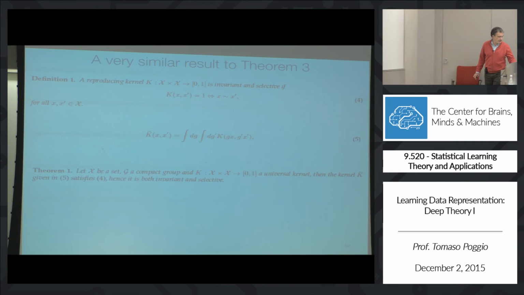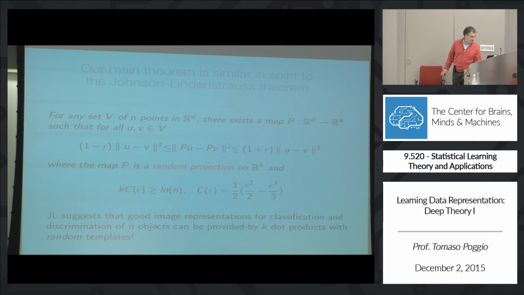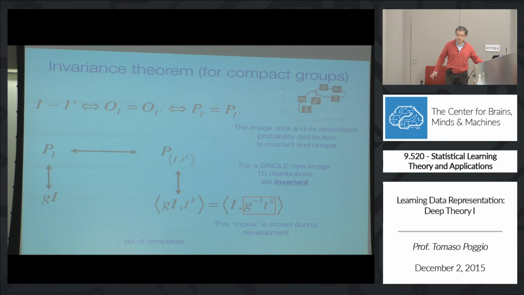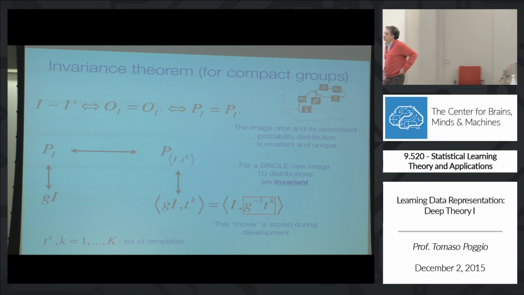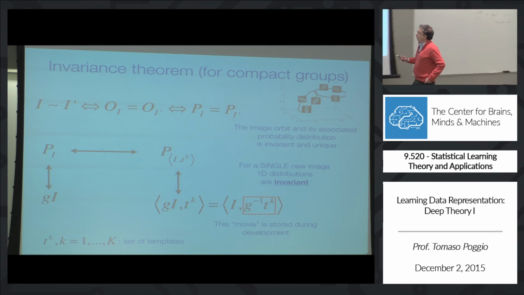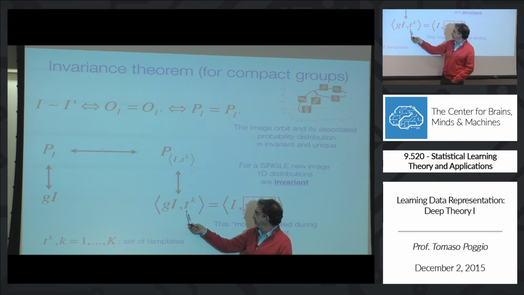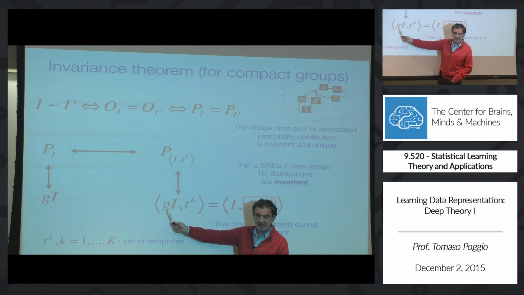The other point that I may not have stressed enough is that because of this property of groups and dot product, essentially you can move the G from here to here.